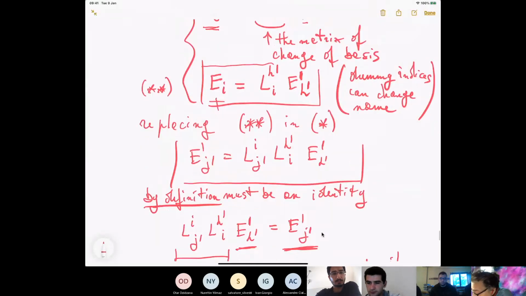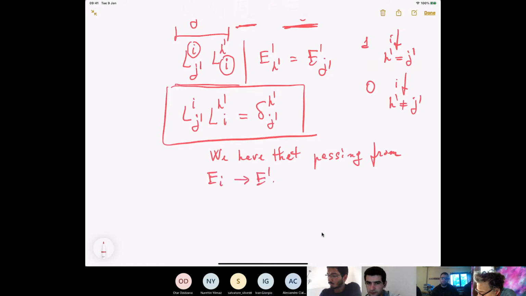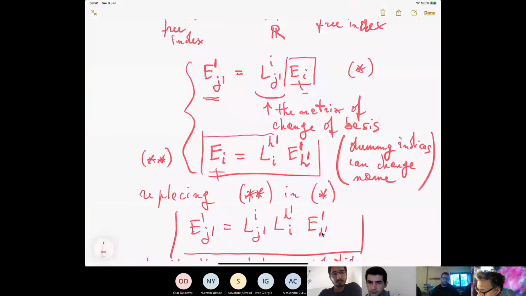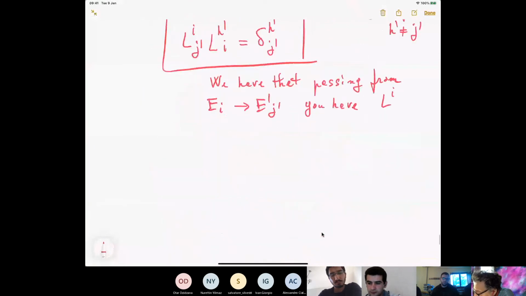Okay? So we have that passing from E_i into E'_{j'}, you have this matrix, this one. So L_{ij'}.